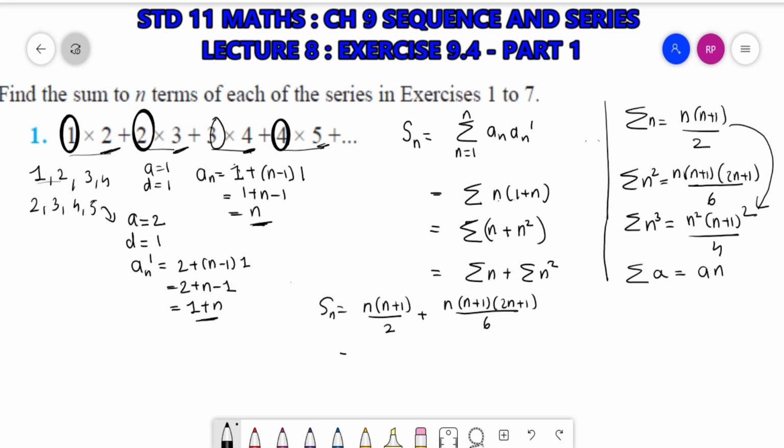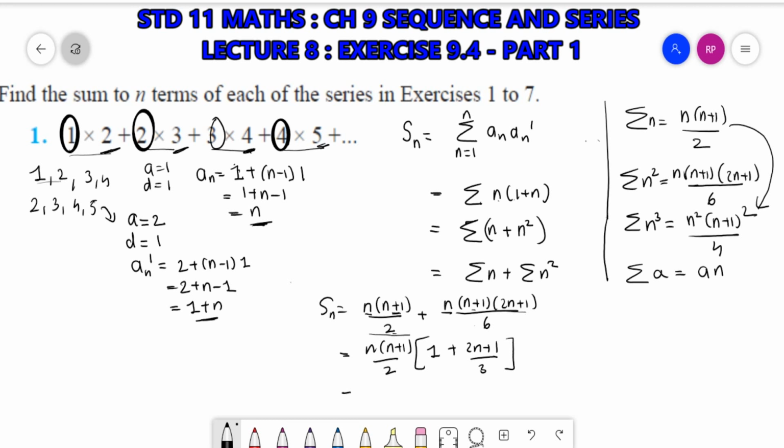So now first let's see what we can take common. We can take n into n plus 1 common in both. Over 2, so what is remaining here? 1. Plus, what is remaining here? 2n plus 1 upon 2 threes are 6.